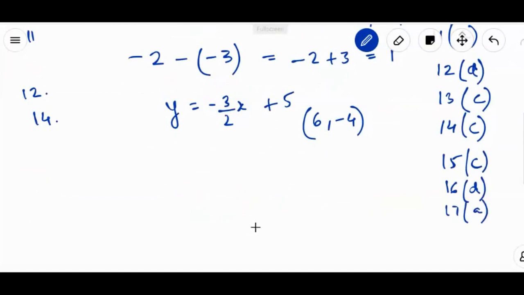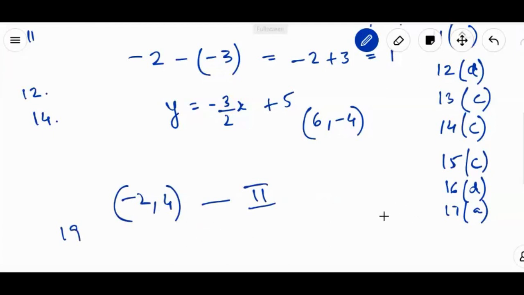Then you have 18. Minus 2 comma 4 lies in which quadrant? Second quadrant. So second quadrant means option B is the correct one. Then 19th, the point whose ordinate is minus 3 and which lies on the y-axis: abscissa is 0, so 0 comma minus 3.